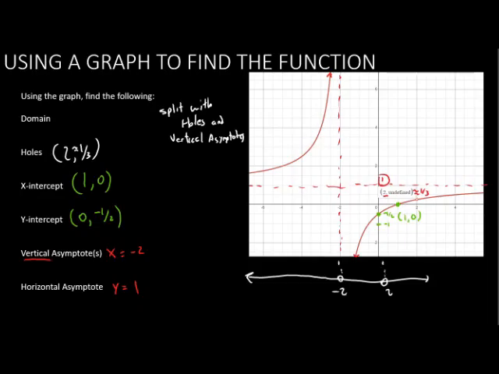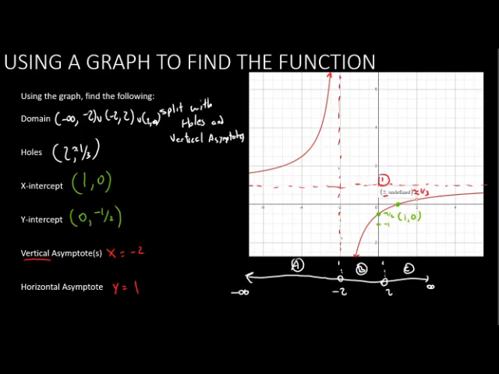That will split the domain into 3 pieces. Piece A will go from -infinity to -2, piece B from -2 to 2, and piece C from 2 to positive infinity. Therefore, our domain will be -infinity to -2 union -2 to 2 union 2 to infinity.